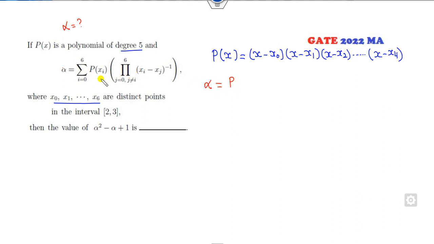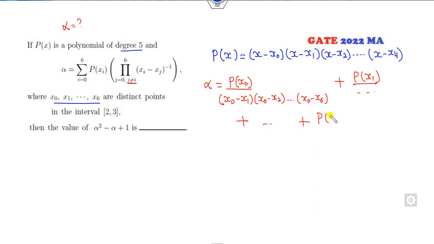What is that? If I take i equal to 0, it is p of x0 divided by the product over j not equal to i. So if I take i equal to 0, it is x0 minus x1, x0 minus x2 up to x0 minus x6, plus p of x1 over the same thing, plus up to p of x6 over the same.